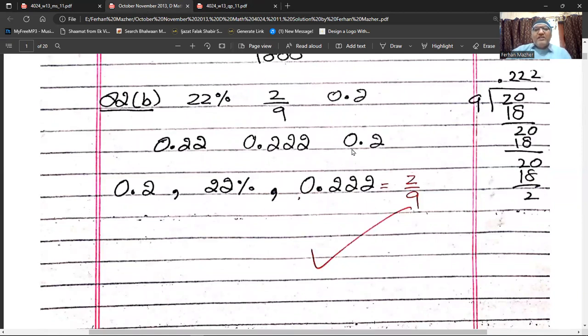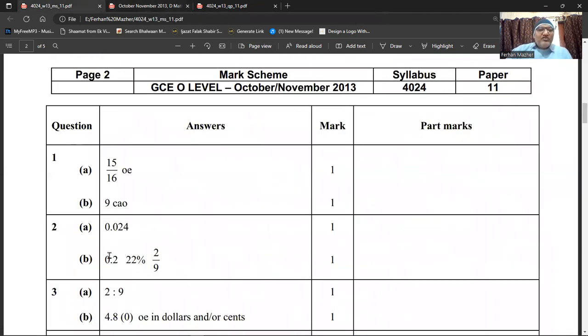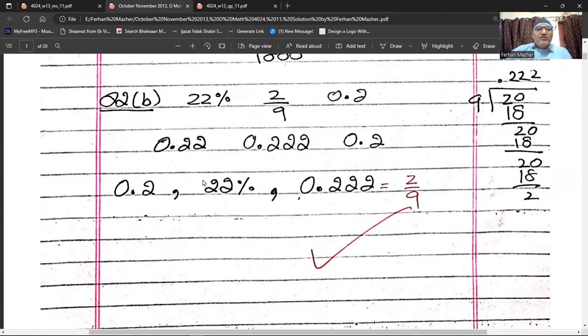So the order is 0.2, 22% and 2 by 9. That is the arrangement.